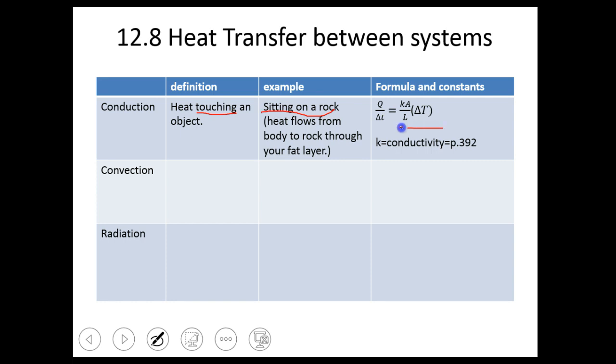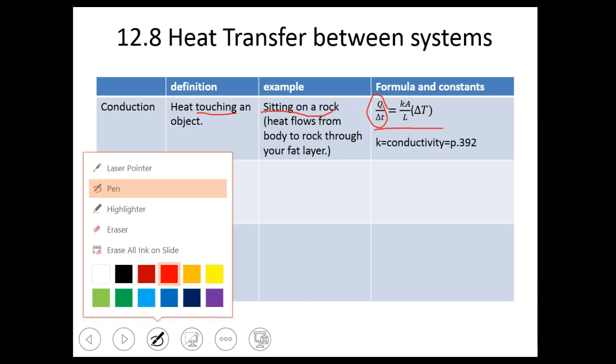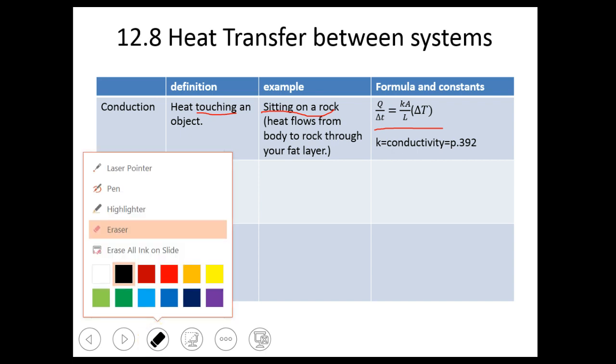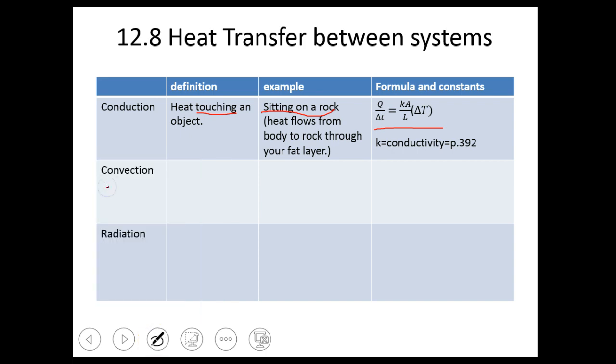We do have a formula that's related to that. This Q over delta T is the rate of heat transfer between these two objects. The K is a conductivity constant, which you can find in a table on page 392, and I'll show it to you a little bit later. A is the area of that object, the surface area that's in contact with it.